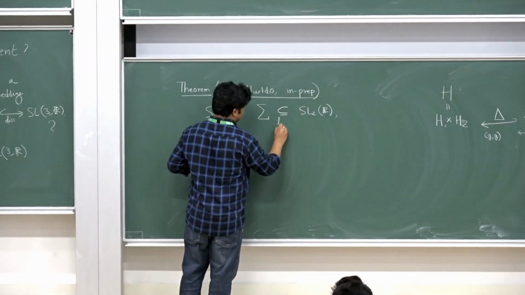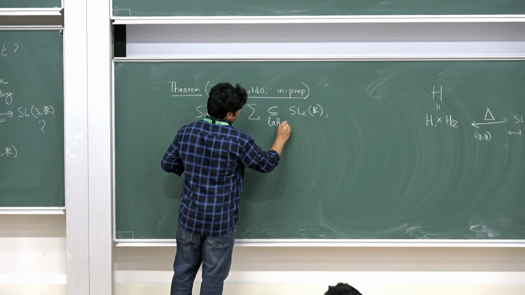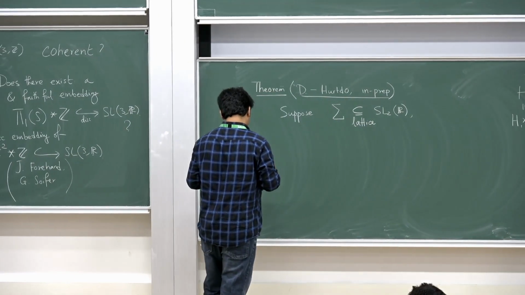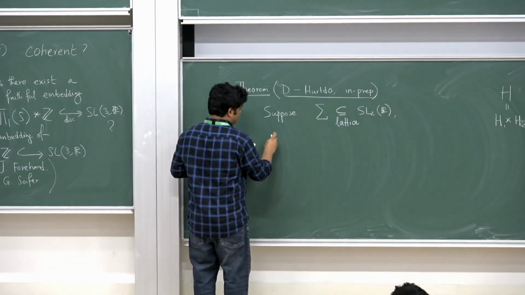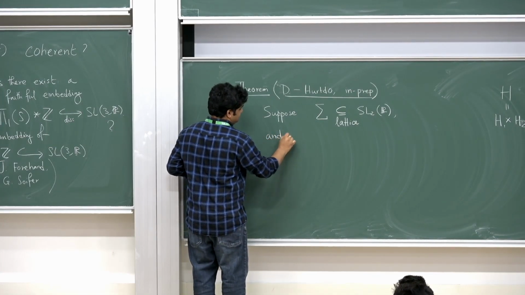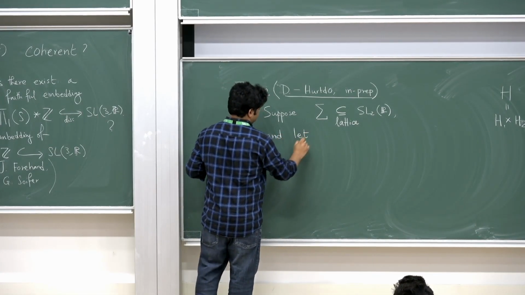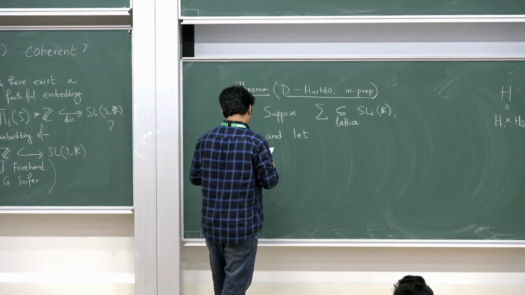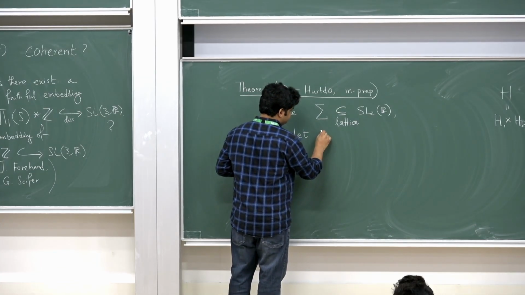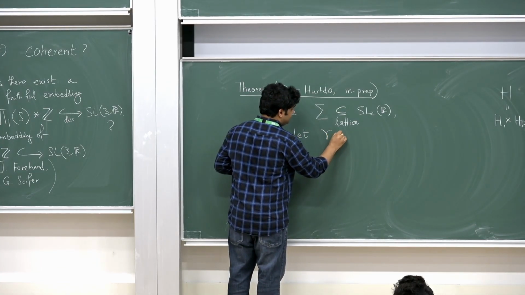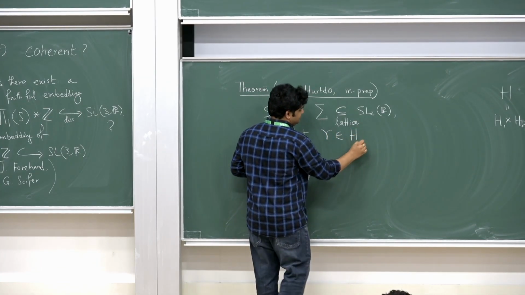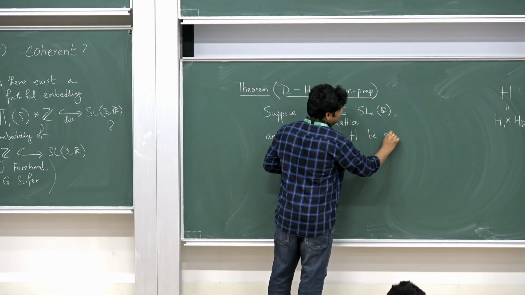So you are assuming that it's a lattice. And let gamma inside H be an infinite order element.